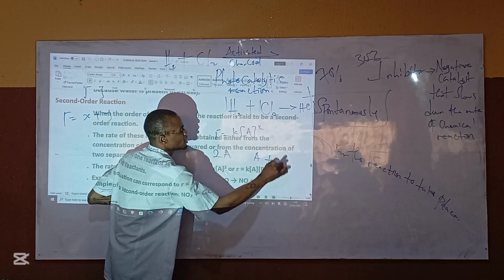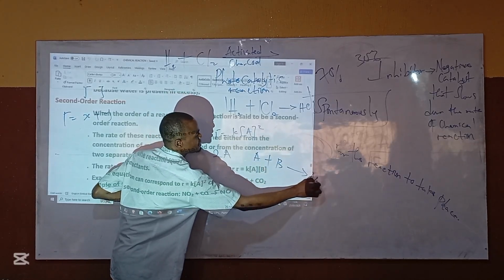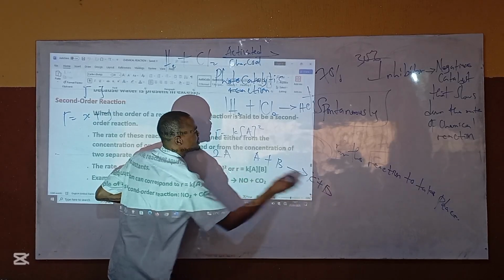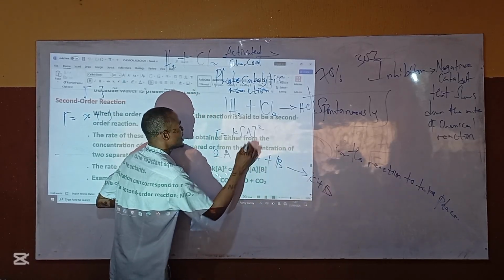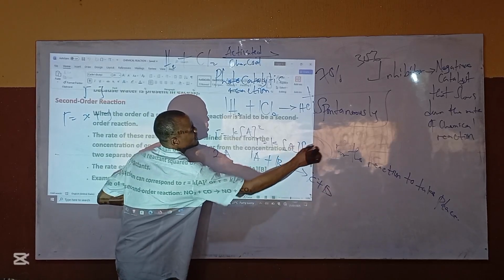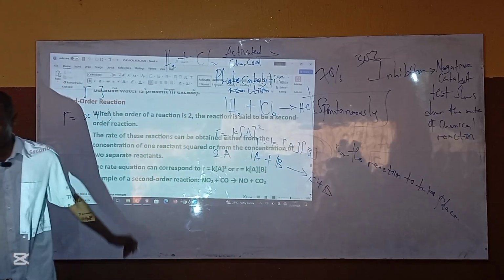Or when you have A plus B forming products C plus D, that's your R equals K A B.